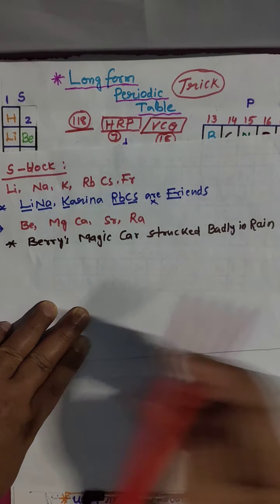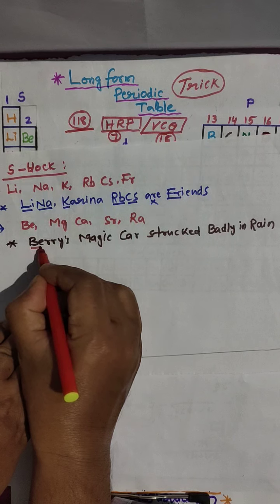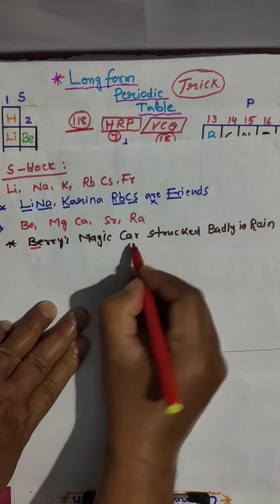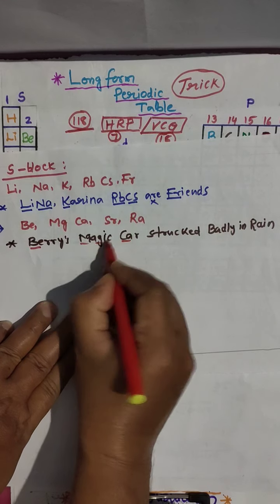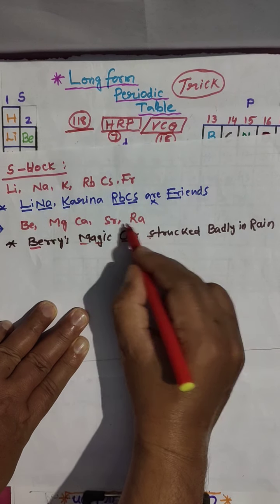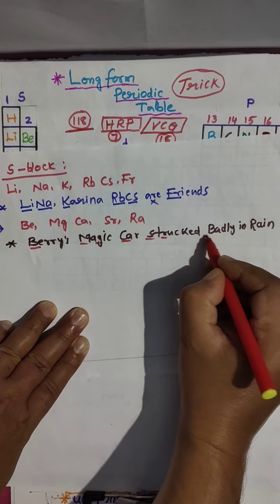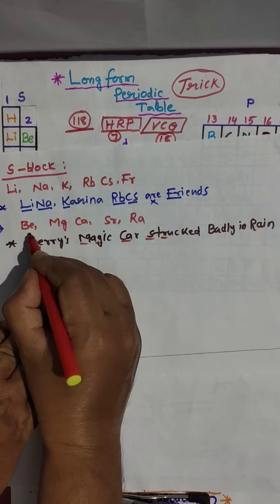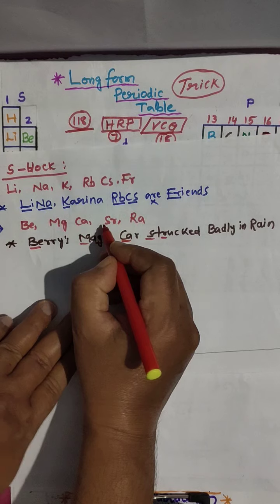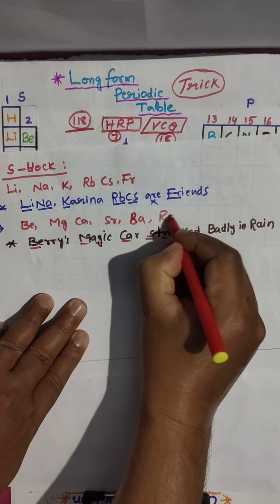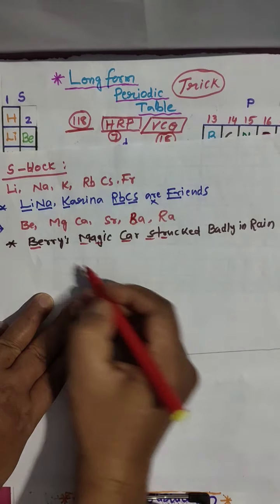Berries, Be, beryllium; magic, Mg, magnesium; car, Ca, calcium; struck, Sr, strontium; badly, barium; and radium.